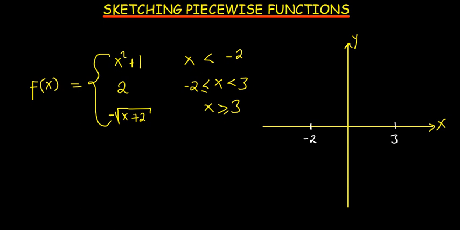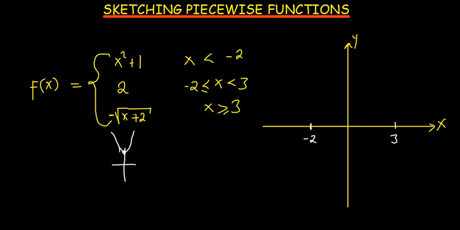For values of x less than negative 2, the function that is applying is x squared plus 1. What does that mean? X squared plus 1, this function, to a quadratic, normally goes like this. Now, because of this plus 1 that you've seen, it means that the function will not pass at the point (0, 0), but will pass at 1 and go like this. Okay, so that is how the function is supposed to go. But this is only valid for values of x less than negative 2.